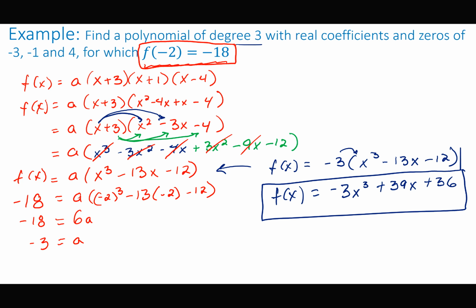So this satisfies the initial statement: find a polynomial of degree 3. So negative 3x cubed and so on is my polynomial with real coefficients. My coefficients are negative 3, 39, 36. Those are all real numbers. There's no imaginary stuff with it. And that polynomial in the box will have these zeros, but also, if I put negative 2 into it, I get negative 18 as an output.